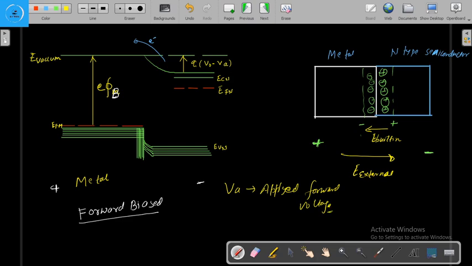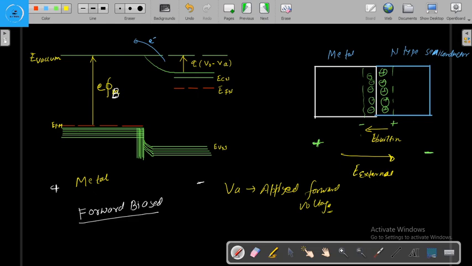So when we are applying the forward voltage, this external electric field will cancel this built-in electric field, and due to this, the energy band diagram will be like this.